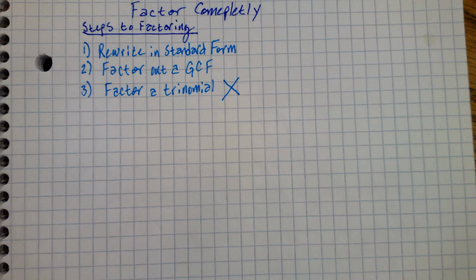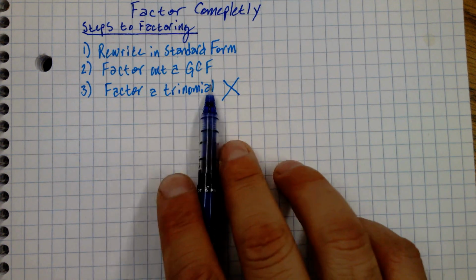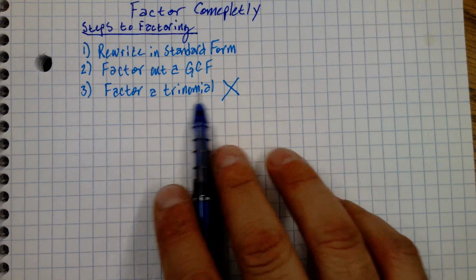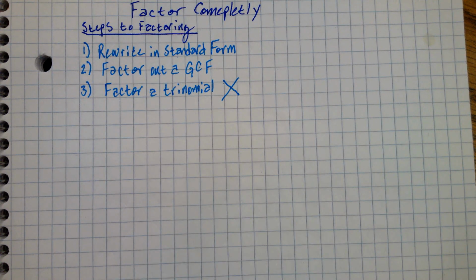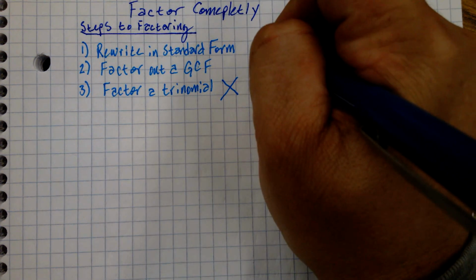And that's basically the process. We'll need to rewrite sometimes into standard form. On today's problems, we'll see a lot of GCFs that we have to factor out. And then we'll have to factor using the cross. Right? Any questions? All right, let's do one.